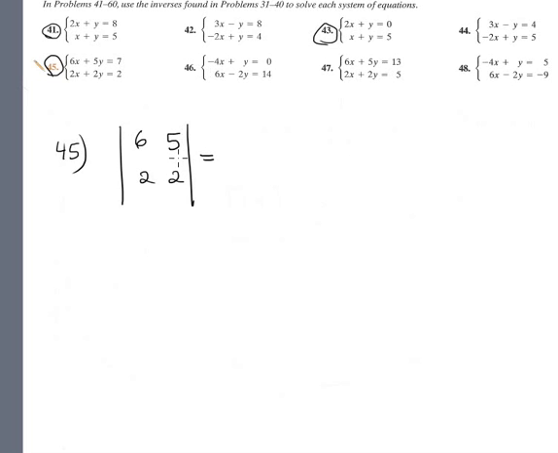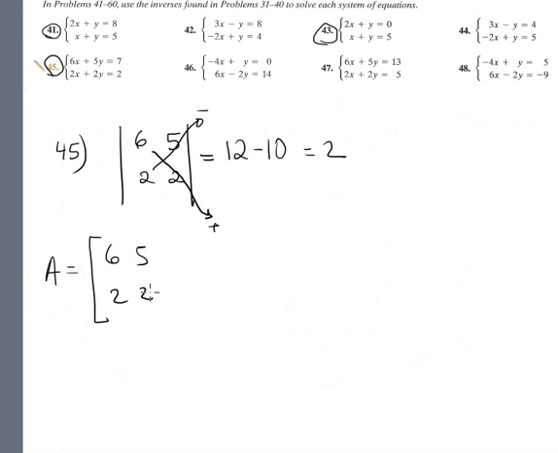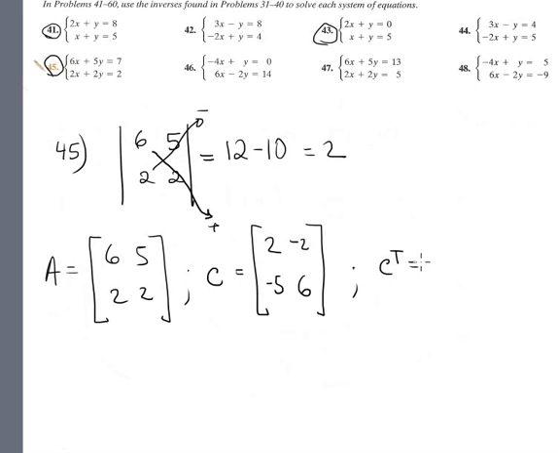Okay, 45. 45 is similar, but this is the determinant of the system. Multiplication, this and this, this and that. This is 12 minus 10, which is 2. Okay, now let's go. The matrix A is the matrix 6, 5, 2, 2. The cofactor matrix is 2, -2, -5, 6. And the cofactor transpose is 2, -5, -2 and 6.